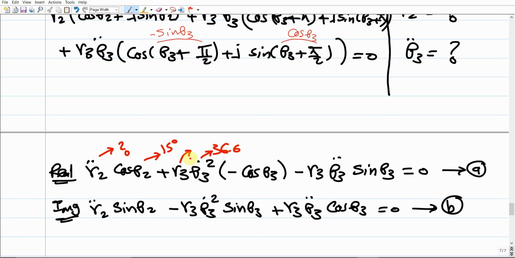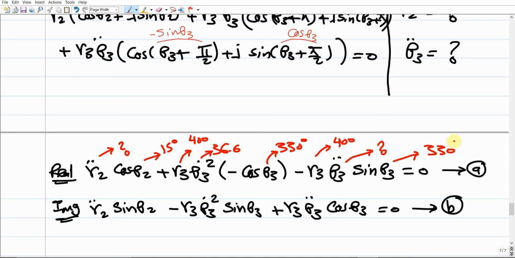How about R3? R3 is 400 millimeter, it is already given. And theta 3 is already given, 330 degrees. This should be 400. And theta 3 double dot is the unknown, one of the unknowns.